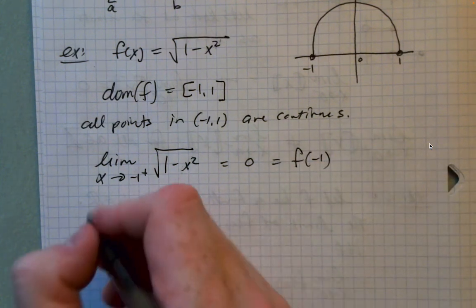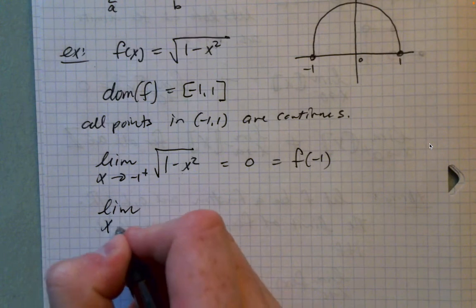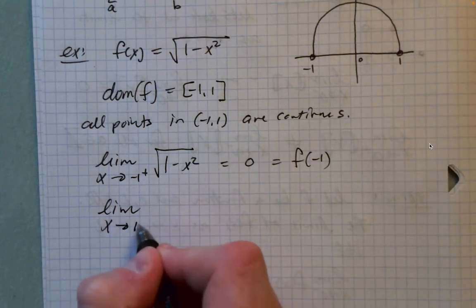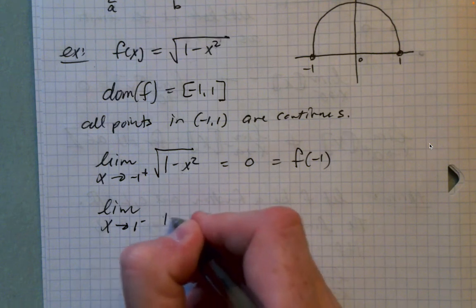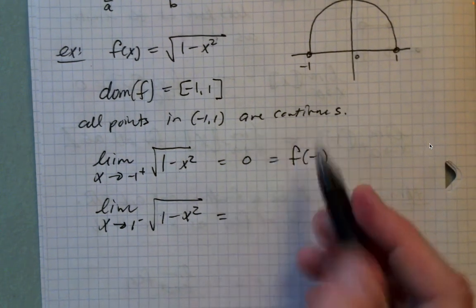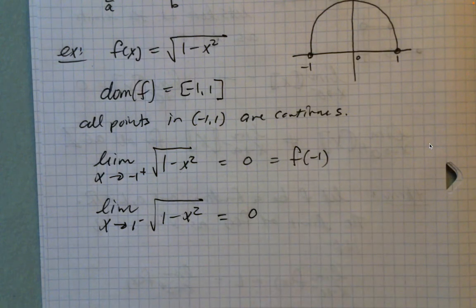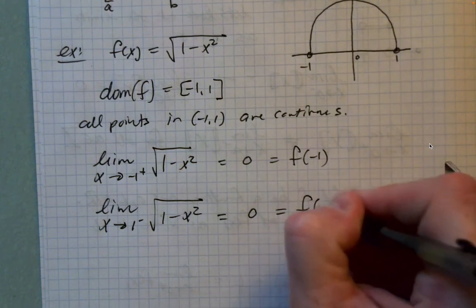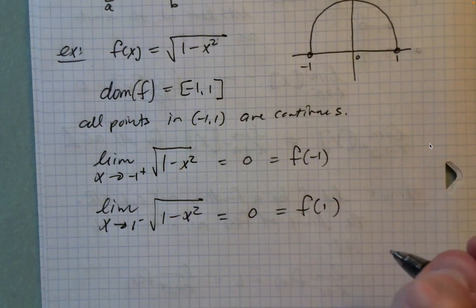right? And the same thing is true as we approach the other side of the interval of the domain from the left, like so. And there too we get 0, right? 1 minus 1 squared is 0. Square root of 0 is 0. And of course, that's equal to f of 1.